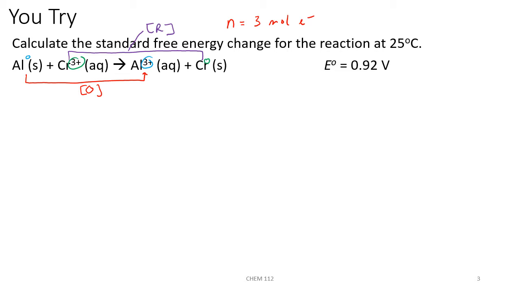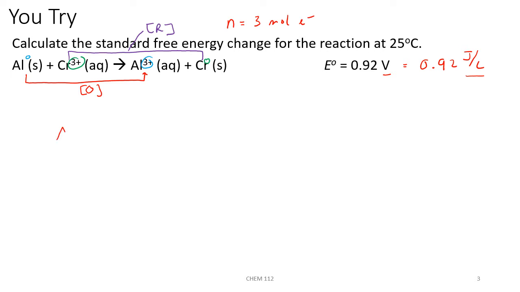And our E cell is 0.92 volts, which means that's 0.92 joules per coulomb. That's the same thing. A volt is equal to a joule per coulomb based upon how the volt was defined.